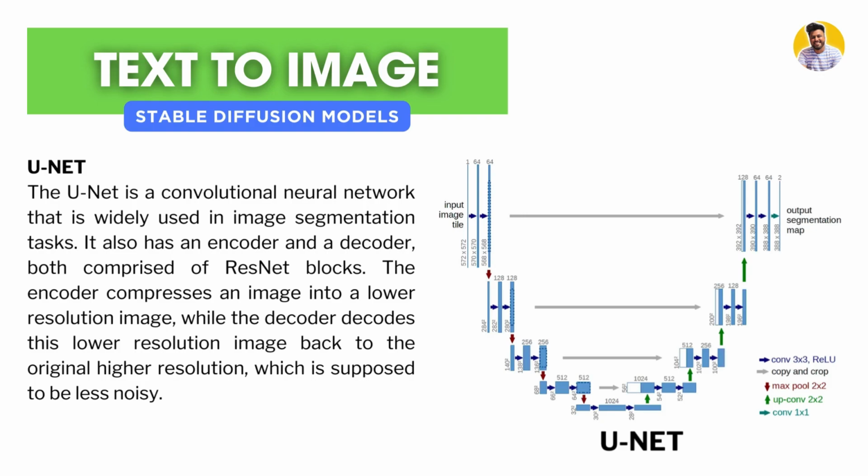The encoder compresses the image into a lower resolution image, while the decoder decodes this lower resolution image back into the original high resolution image, which is supposed to be less noisy, because in this way its whole noise and denoise work will be done inside the UNet as well.